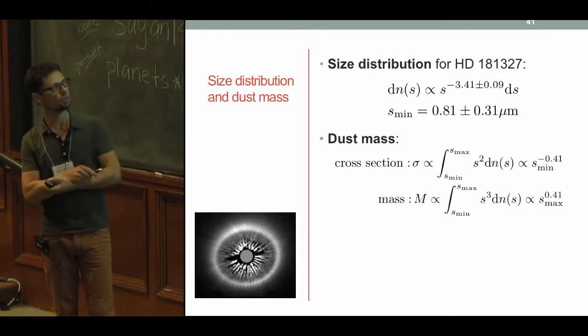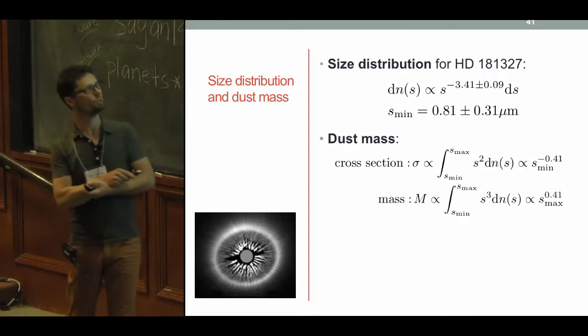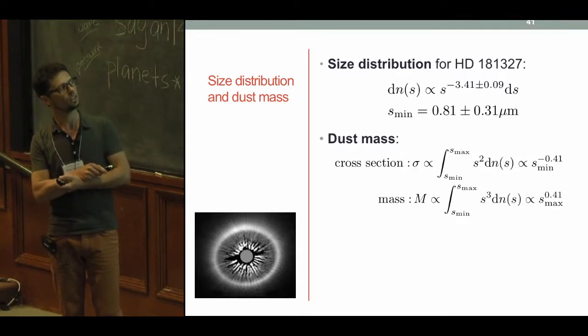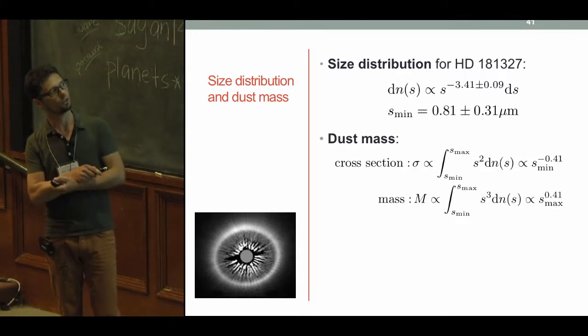And I want to mention that because I think it's important for you to realize that the geometric cross-section in such a case is the square of the grain size, integrated over the grain size distribution.